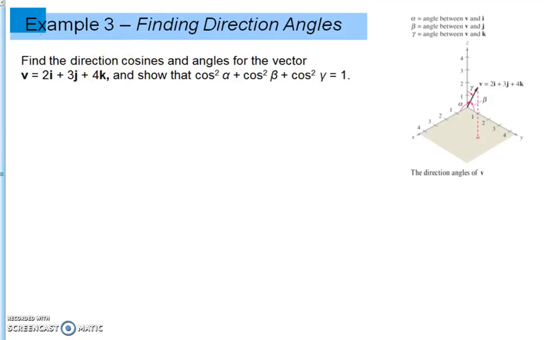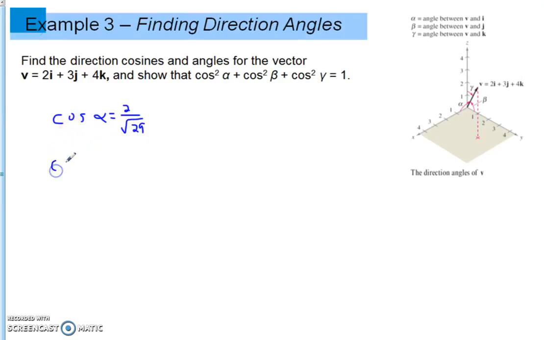So the cosine of alpha is equal to, well, I'm going to take the I component there, which is 2, over the magnitude of V. The magnitude is going to be the square root of 2 squared plus 3 squared plus 4 squared. That's 4 plus 9 is 13 plus 16 is 29, so the square root of 29. So that's the cosine of alpha.